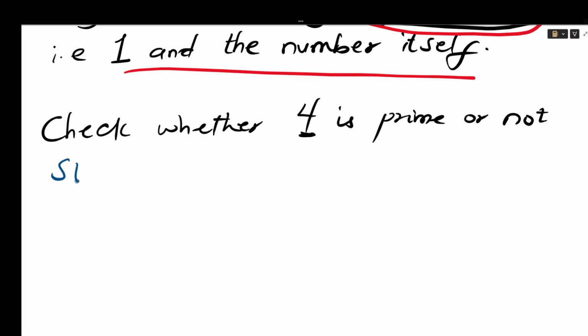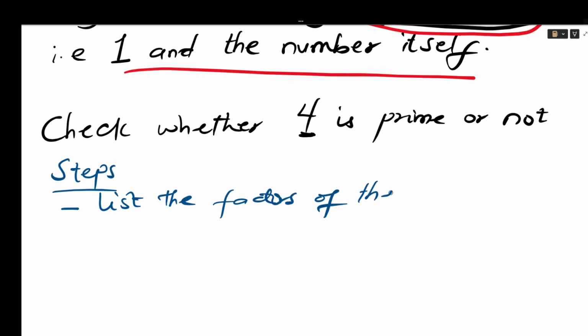So the steps in checking if a number is prime or not: the first one is to list the factors of the given number, then to count the number of factors.